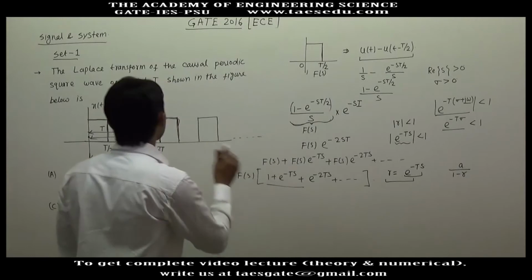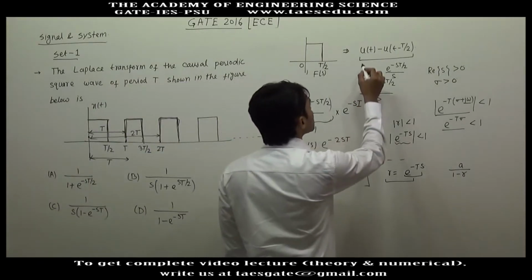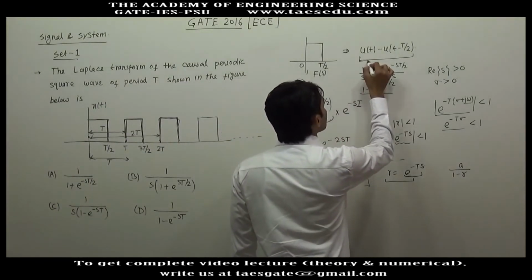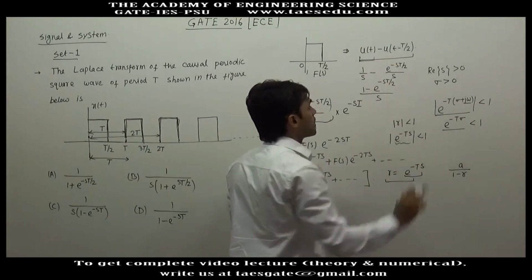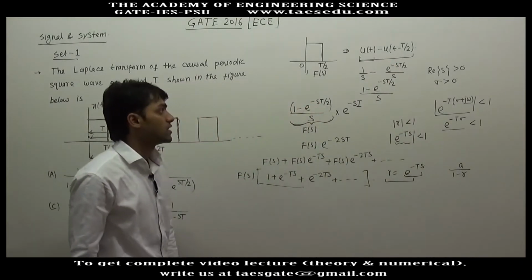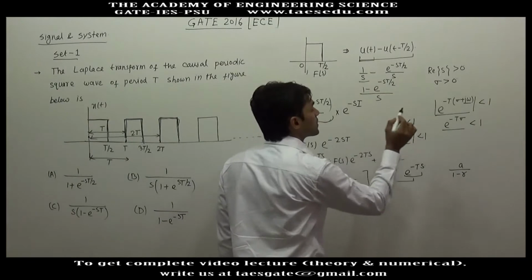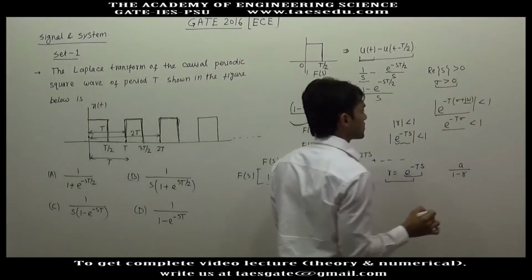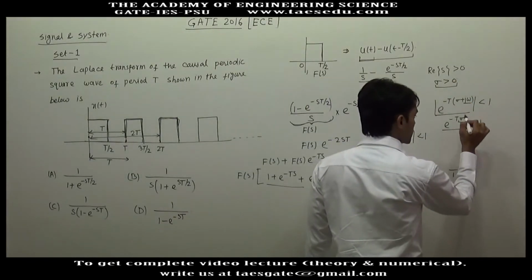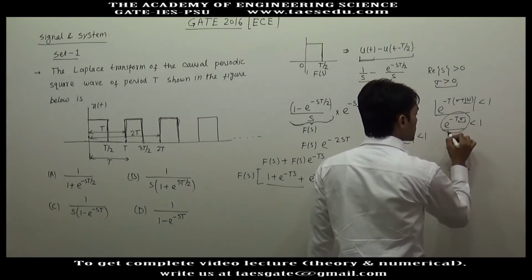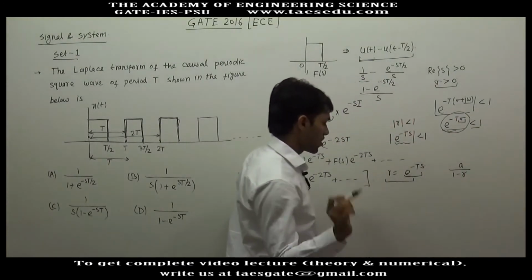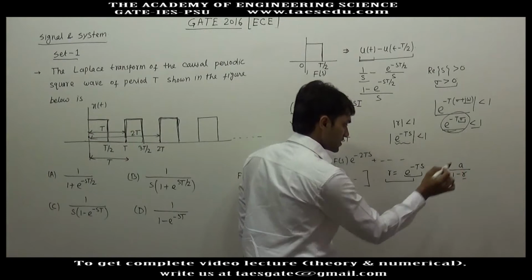Since this signal is causal, while getting the Laplace of u(t), 1 upon s, the condition is sigma has to be greater than 0. So if sigma is greater than 0, this quantity will be less than 1, and our condition on r has been satisfied.